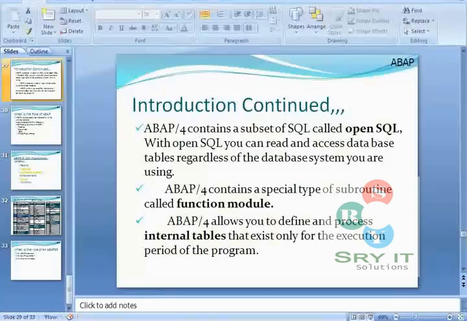Then we'll move into the other slides, starting with a one-by-one understanding of the ABAP tools, what tools there are, and after that the keywords. After knowing the different types of keywords, we will start understanding data types: what is a data object, what is a data type, how many data types there are, and all the features. Then we'll start the programming.